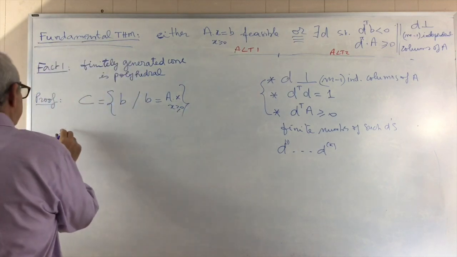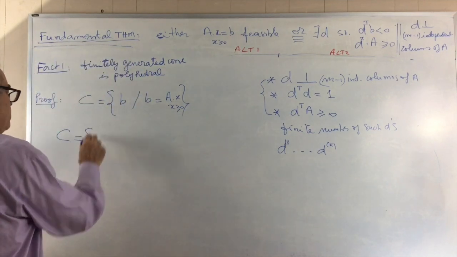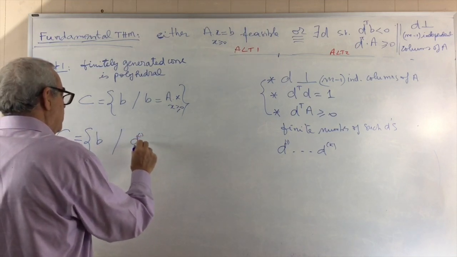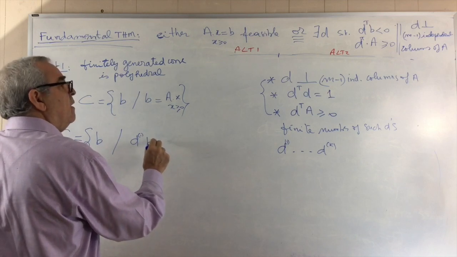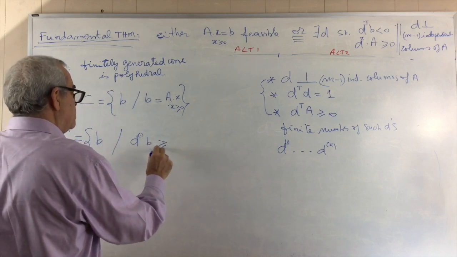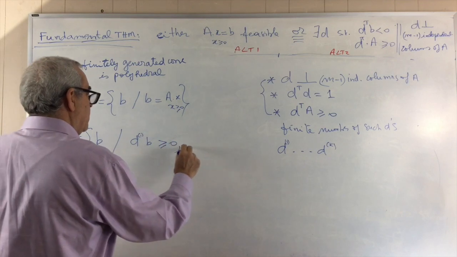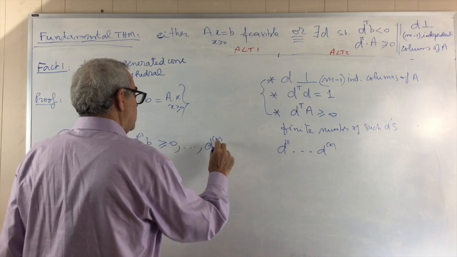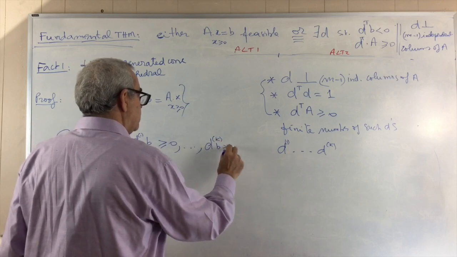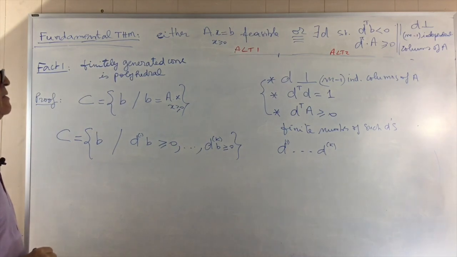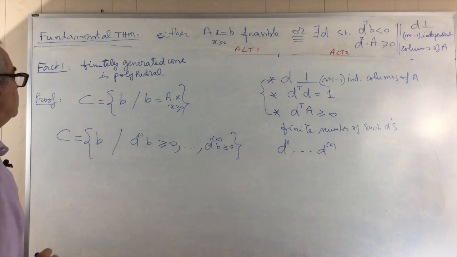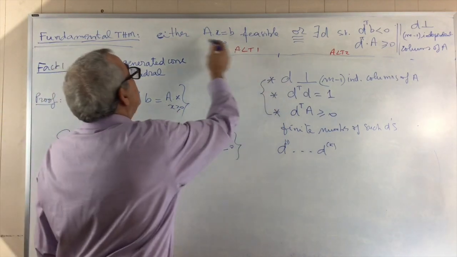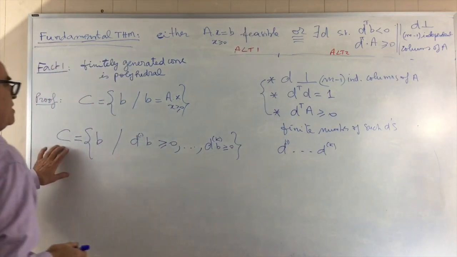Right, a finite number of d's that satisfy this. So therefore C is the set of all b such that d1 transpose b is greater or equal to 0, etc., dk transpose b greater or equal to 0. It can't be negative, because negative would imply this is infeasible. So this statement is true.